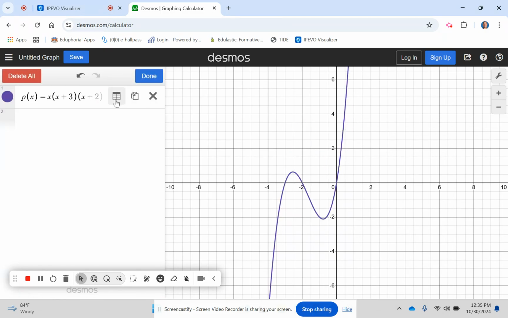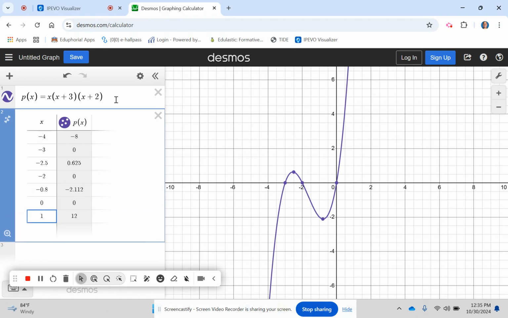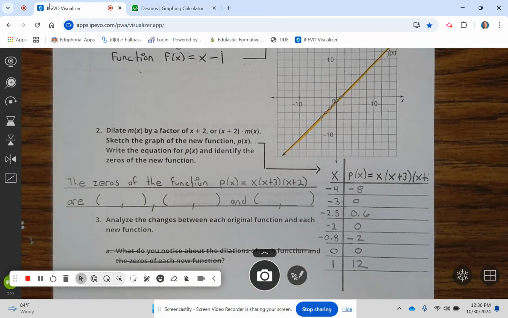Now I want the points, so I'm going to click on here, click table, and then that's -4, -3, -2.5, -2, -0.8, 0, and 1. All right, go ahead and complete the table.